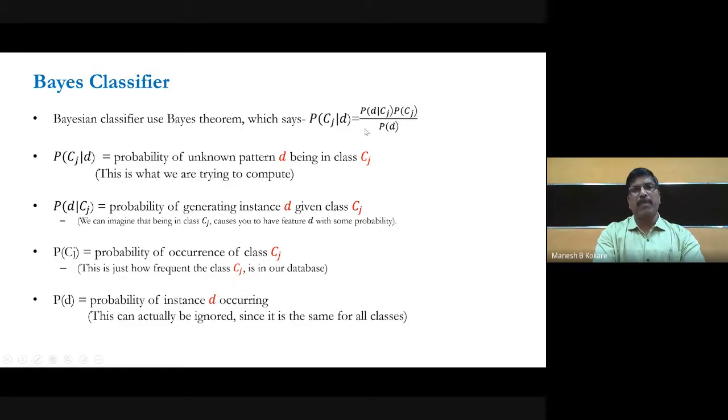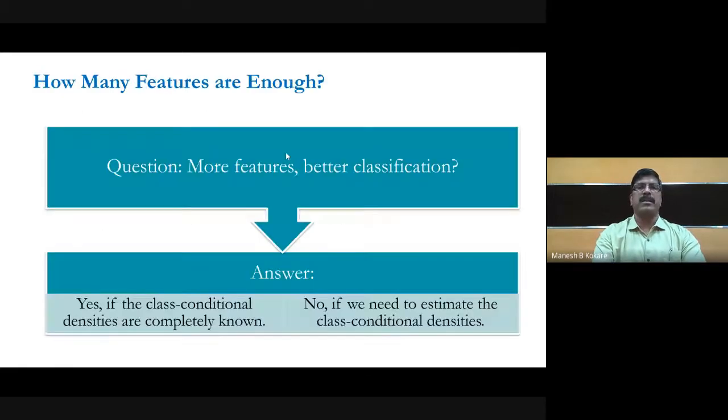These three probabilities are known, and from those we calculate the posterior probability. If the probability of unknown pattern D being in class Cj is more as compared to Ck, then that pattern D will be assigned to Cj, otherwise it will be assigned to Ck. So this is the way the Bayes classifier works in a statistical approach.